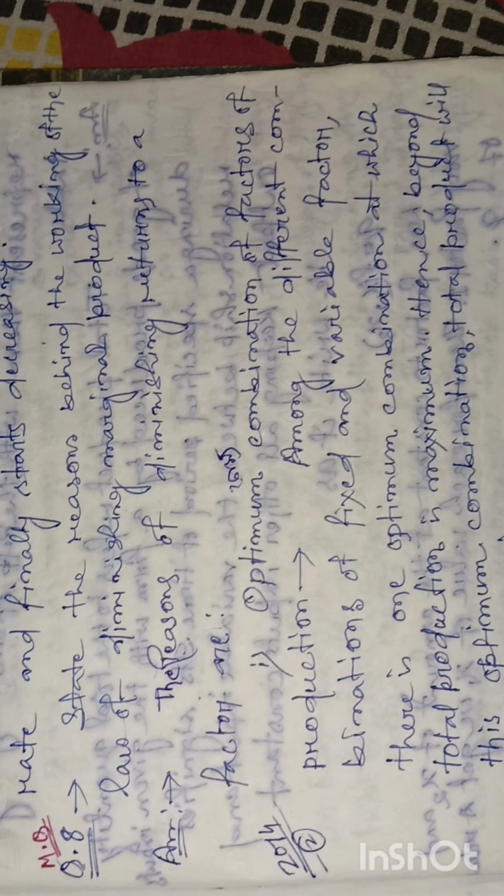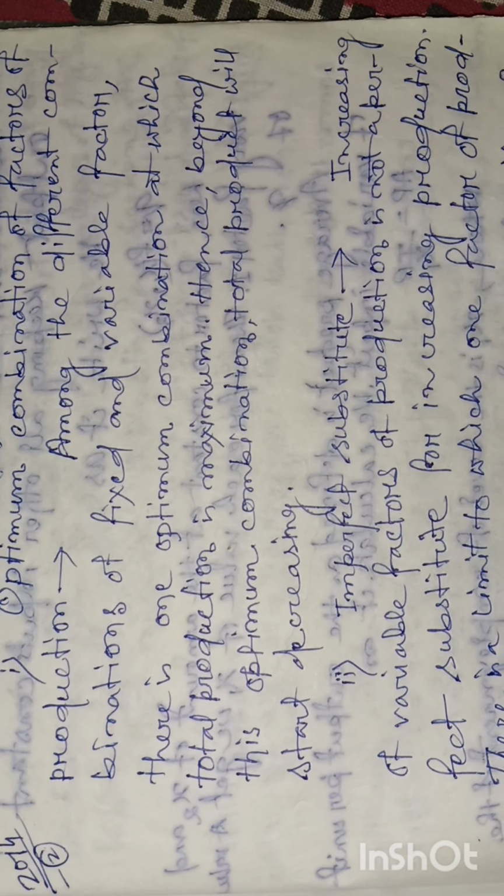The reasons of diminishing returns to a factor are: number 1, optimum combination of factors of production. Among the different combinations of fixed and variable factors, there is one optimum combination at which total production is maximum. Hence, beyond this optimum combination, total product will start decreasing.